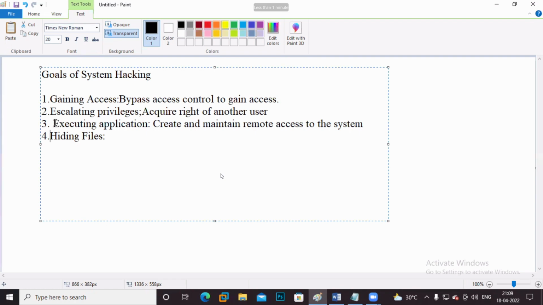Okay, not confidential data. Hiding files means that, first of all, I told you the attacker executes some application. Suppose you check your control panel, you can see that various types of files will be there. You can check when it was installed.